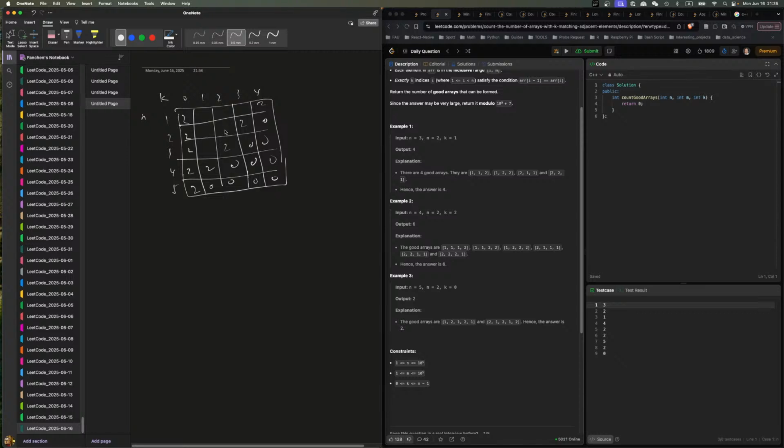But how do we compute these fast? Like I can do this, I can do this, I can do this, right? But then I have to compute this.